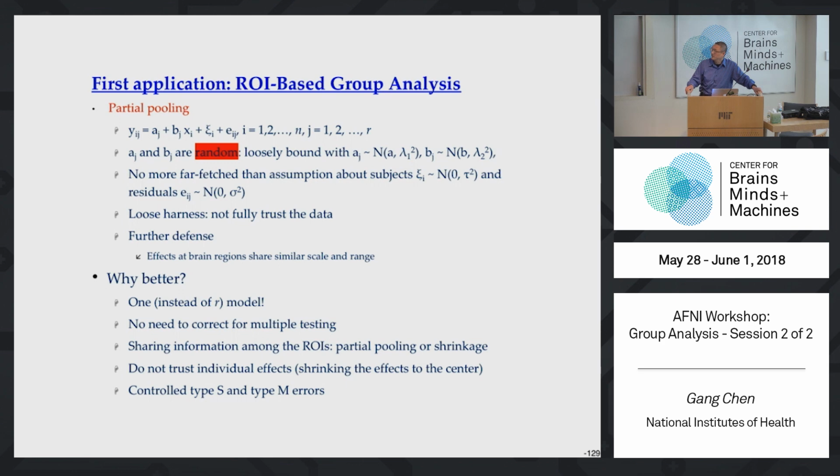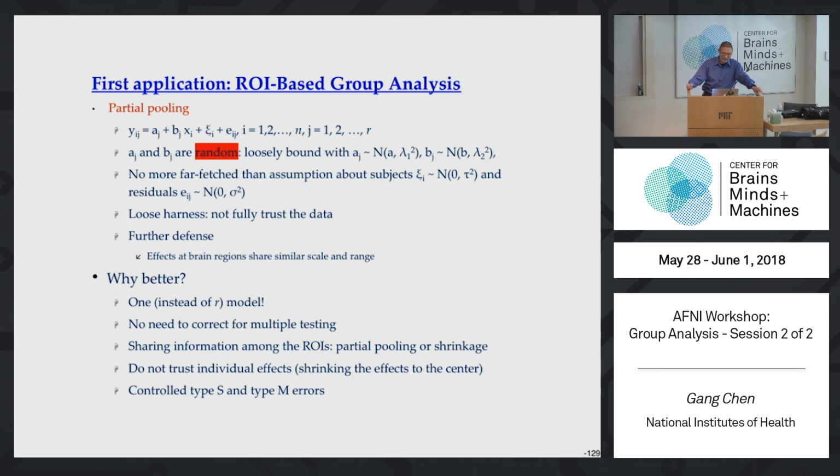A and B, A sub j and B sub j. Previously, those are treated as constants, as we don't know them, but they are constants. They are parameters. But now, here, we don't assume they are constants. They are random variables.